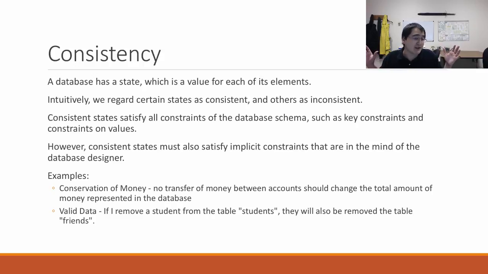Well, if the database starts in a consistent state, meaning if there is $100 in total across all the accounts in the database, and if the transactions never violate consistency, meaning whenever money is moved around, they always move money from one account to another in the exact same amount as before, the rule for consistency is that regardless of the ordering of the transactions, the database will be consistent afterwards.